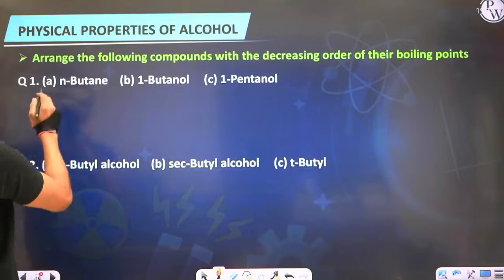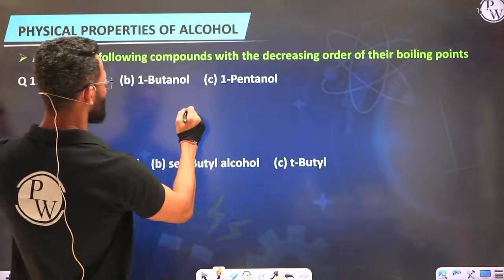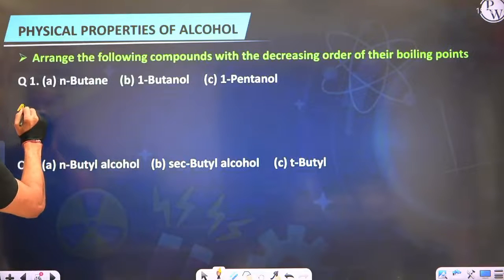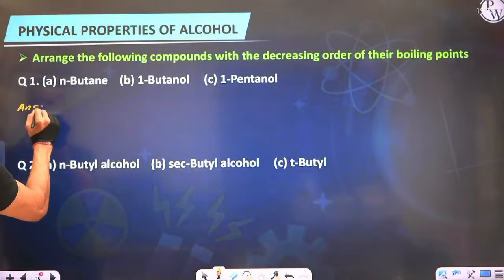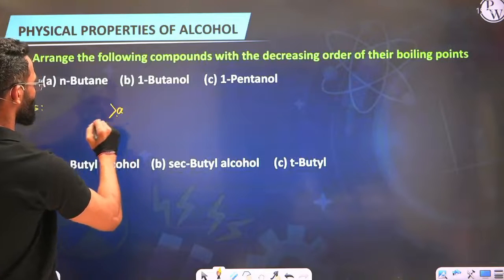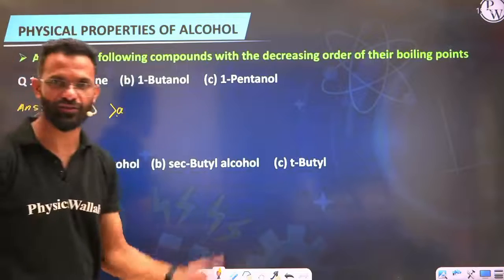Meaning, if I talk about decreasing order of boiling point, we know that A is going to be the least. A will have the least boiling point because it cannot form intermolecular hydrogen bonds. It can only be associated by weak van der Waals forces of attraction.